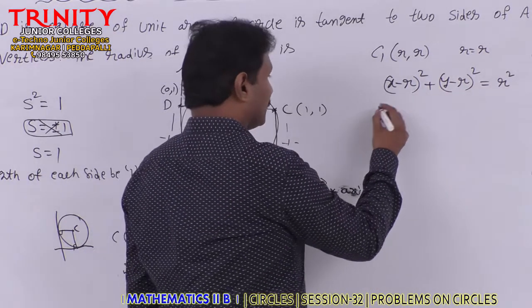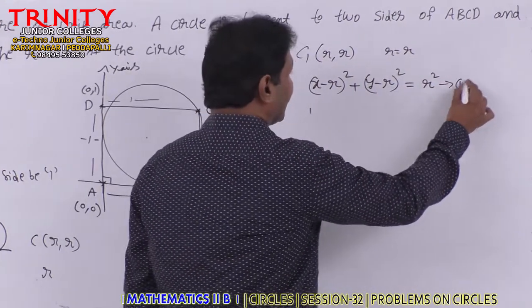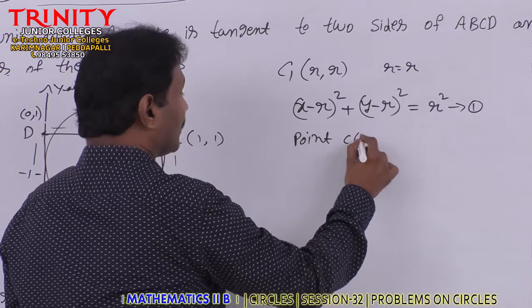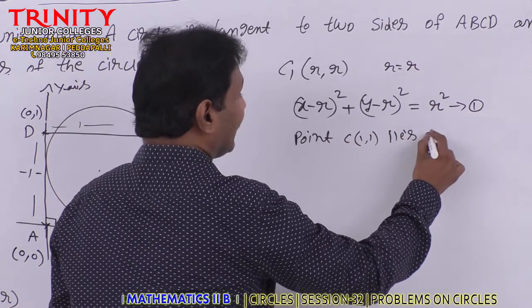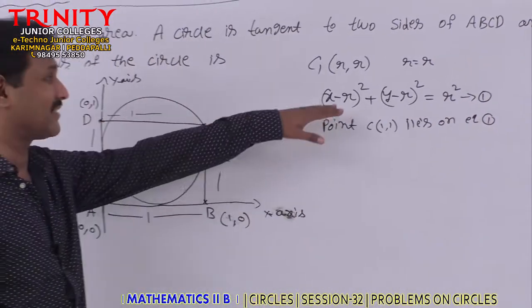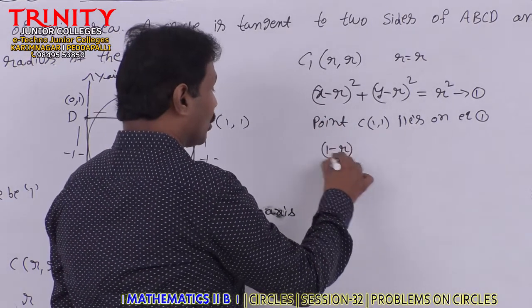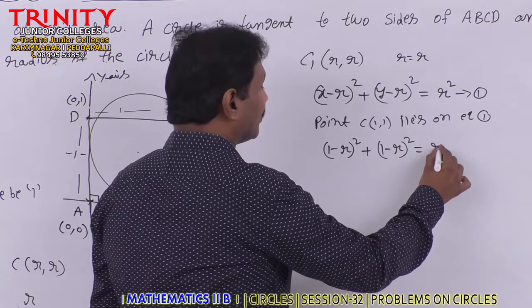Thus point C (1, 1) lies on equation 1. Therefore, the point must satisfy the equation of the circle. Therefore, (1 minus r) whole square plus (1 minus r) whole square equal to r square.